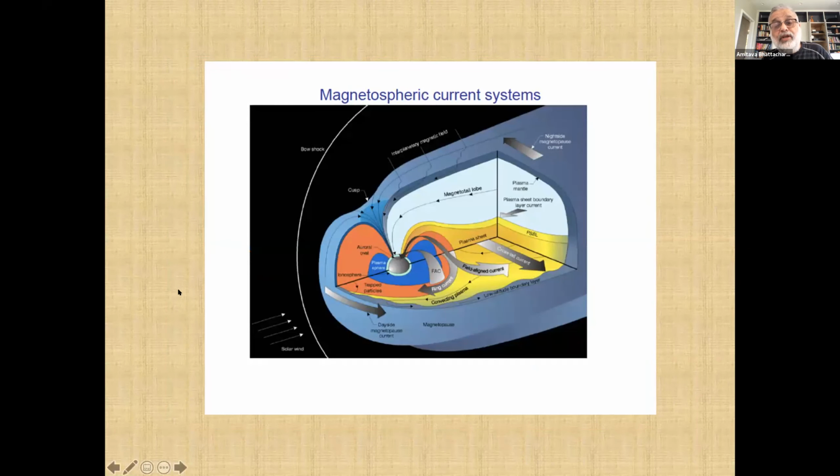So the Earth's magnetosphere has a very complex current system, probably the best understood of all magnetospheres. And what you see here is the entire family of currents that are present in the Earth's magnetosphere. You have the so-called cross-tail currents that are out of the plane of the paper, if you will. The magnetotail is lying in this 2D cross-section of the tail. There are field-aligned currents that go from the ionosphere and connect to the magnetosphere.